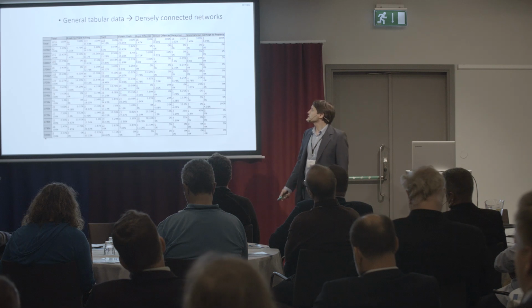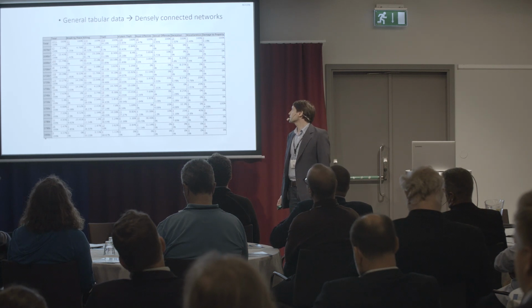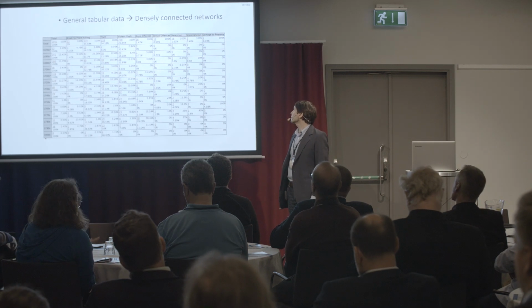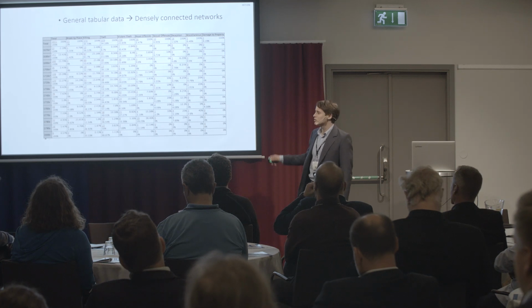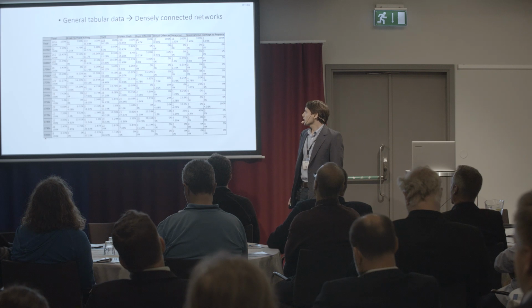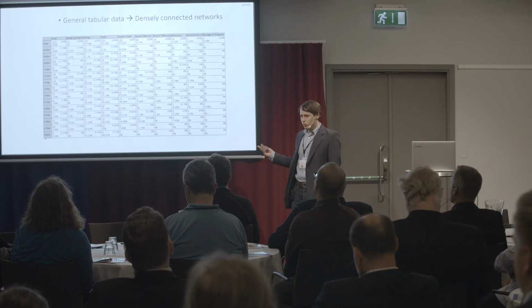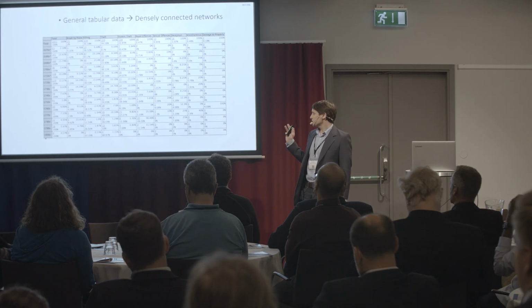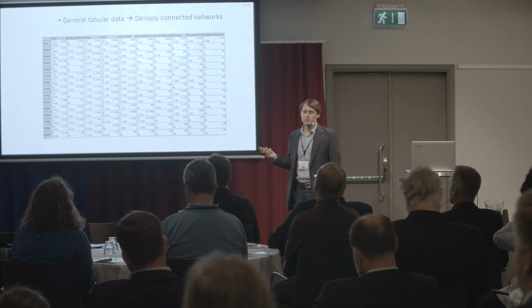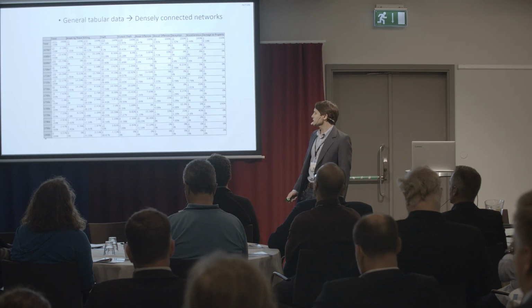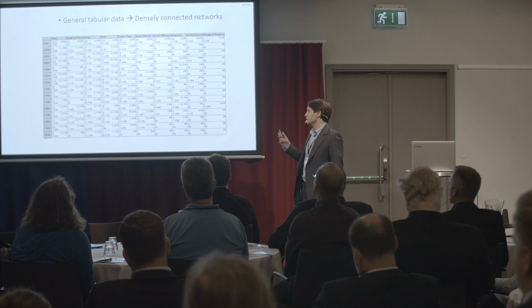Then we have general tabular data, which we could also handle with densely connected networks, but here it's usually not the best approach. I mean, you can do it and it can give a very high accuracy, but probably with shallow learning, like gradient boosted trees, you can still get very good results with less computational power.